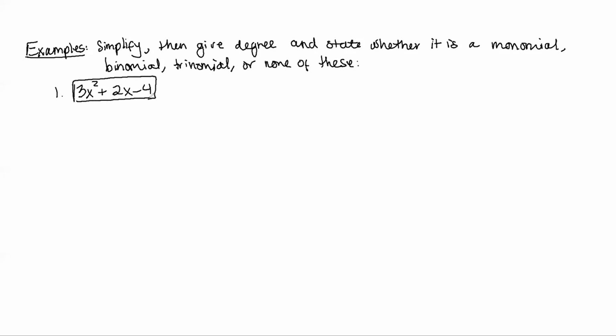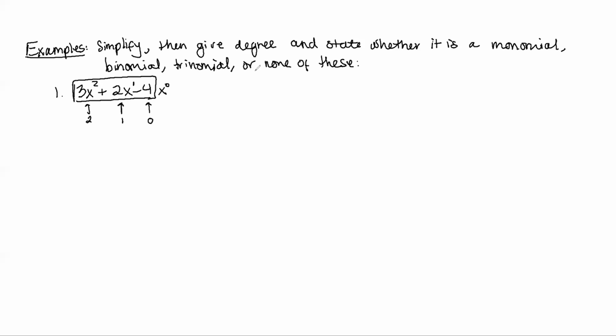The degree, so if we look at the degree of each term, this degree here is 2 because that's our exponent on this term. The degree for this one, our exponent is 1. The degree of any constant is 0. You can think of that like it has no variables with it. And that's also because x to the 0 is 1. 4 times 1 is still 4.